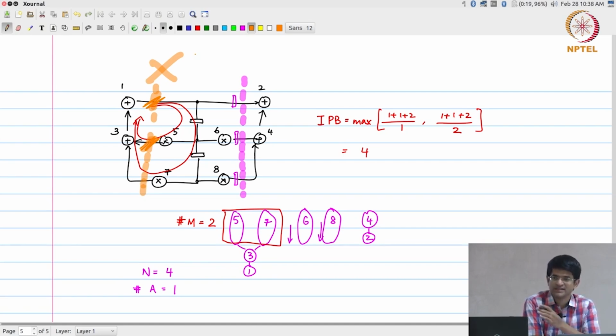Pipelining is applicable only in the places that are feed forward. Okay, and the magenta line that I have drawn over here, all the edges are going from left to right. So that cut set that I have drawn over there, everything is going from left to right. I can safely pipeline. Just put a bunch of registers over there. The output gets delayed by 1 cycle. All paths have been delayed by 1 cycle. But if I try doing it on this orange line, it actually causes problems. Okay, so you have to be careful where you apply the pipelining. That's actually the most important thing in all of how you apply this process.